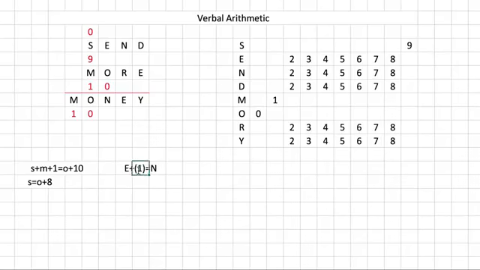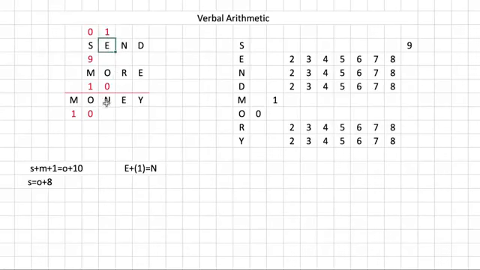So E, and if there is a carry, will be equal to N, right? So there should be a carry because E is not equal to N. That's what we know, because these values must be unique. So there will be a carry here, that we know for sure.